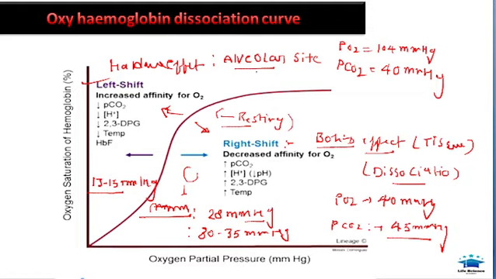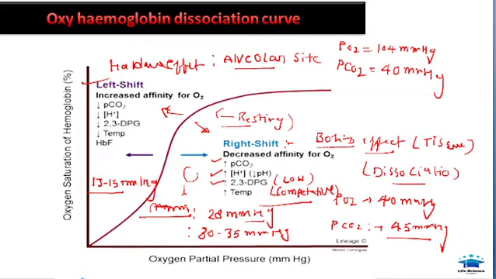So in the right shift graph, the pressure of CO2 increases and H plus ions increase. As H plus ions increase, pH will be low. 2,3 BPG also increases in this case. And what happens when 2,3 BPG increases? It is a competitive inhibitor of oxygen.